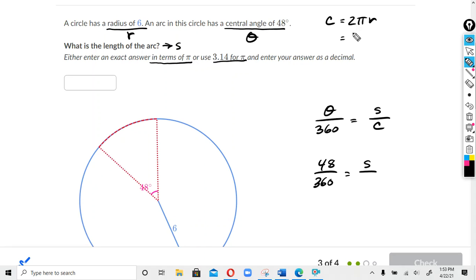That's going to be 2 times pi times r, which is 6. Of course 2 times 6 is 12, and we still have pi. So in place of C, I'm going to write 12 pi.